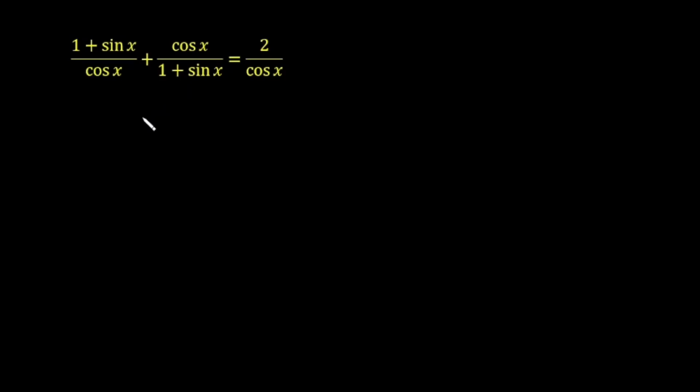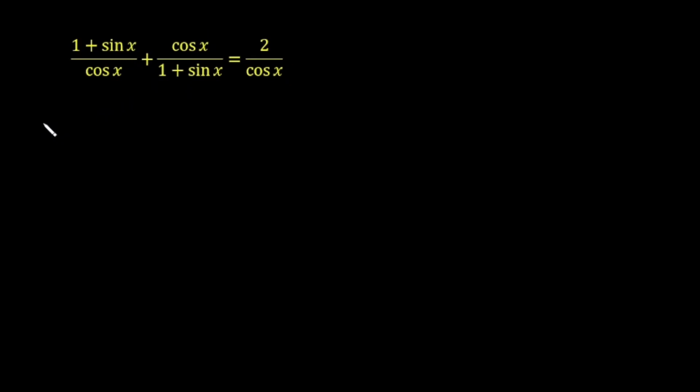Hello everyone. In this lecture, we are going to prove this given trigonometric identity: (1 plus sin x) over cos x plus cos x over (1 plus sin x) equal to 2 over cos x. So I will take the left hand side of this identity and prove it to right hand side.